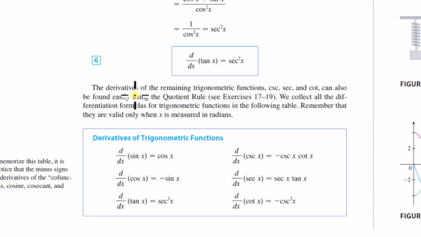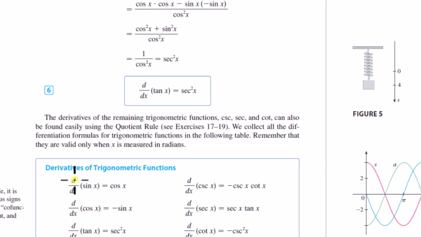The derivatives of the remaining trig functions, cosecant, secant, and cotangent, can also be found easily using the quotient rule. So we collect all of the differentiation formulas for the six trig functions in the following table. And just remember that they're only valid when x is measured in radians. So there are the differentiation rules for the six trig functions.